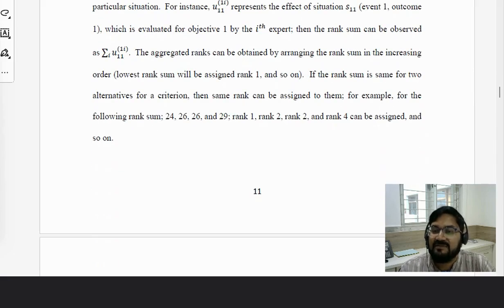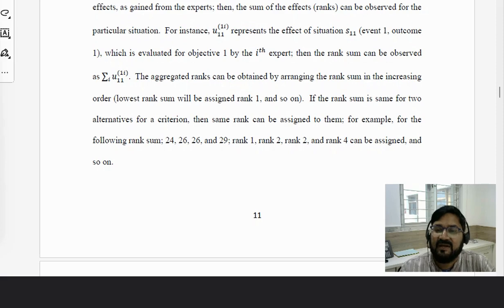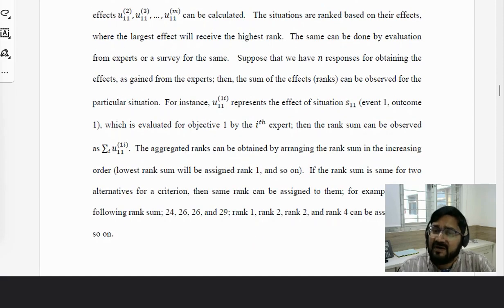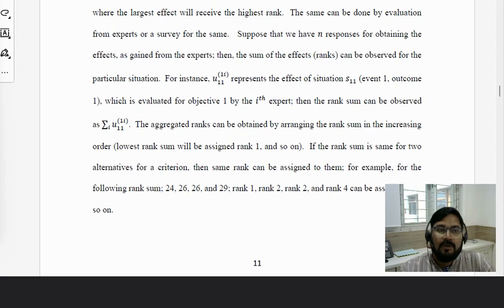Suppose there are n number of evaluators which are evaluating the criteria. So the ith expert is evaluating maybe the factor.